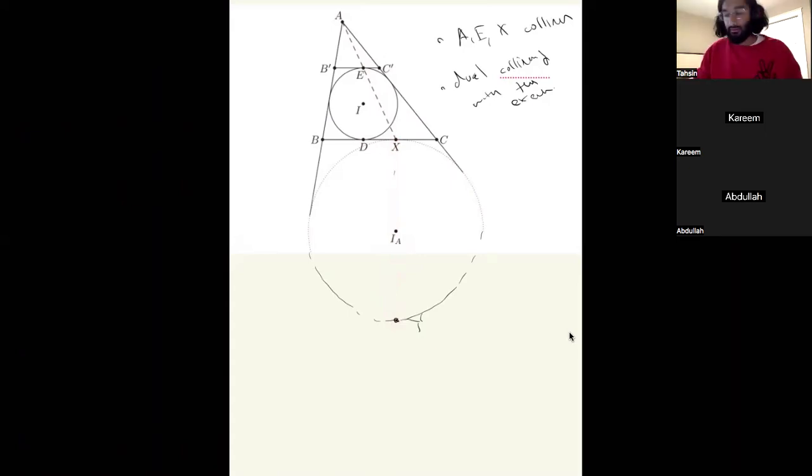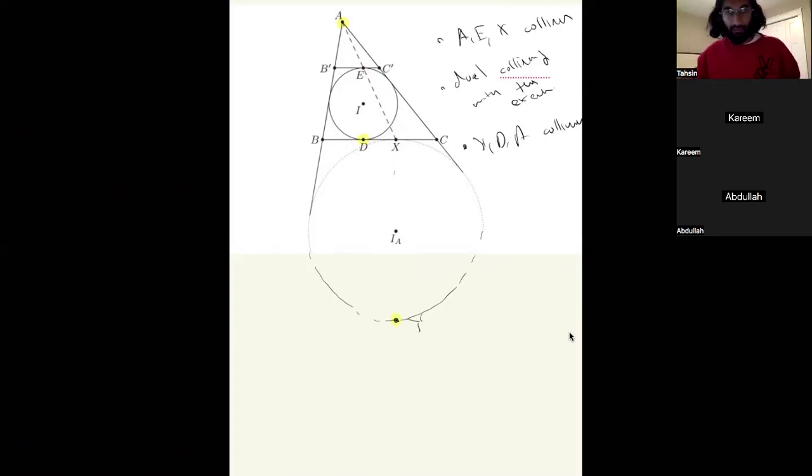YDE, no, YDA. That's right. It should be YDA, this one here. So YDA collinear because the homothety is centered at A and it takes D to Y.